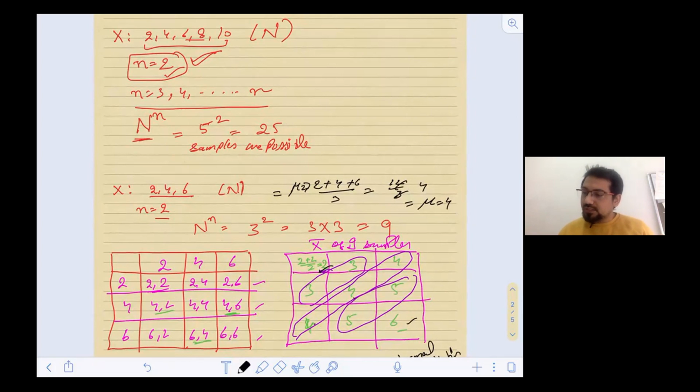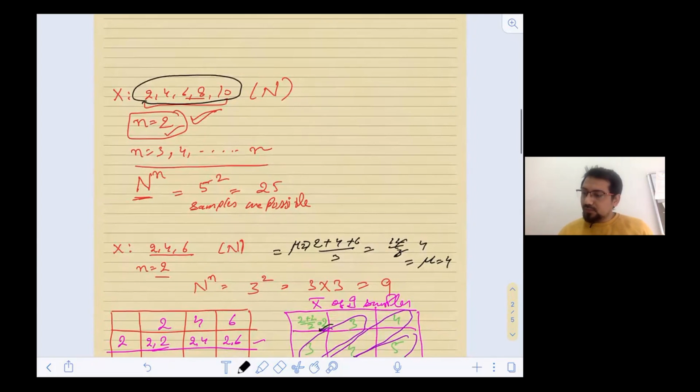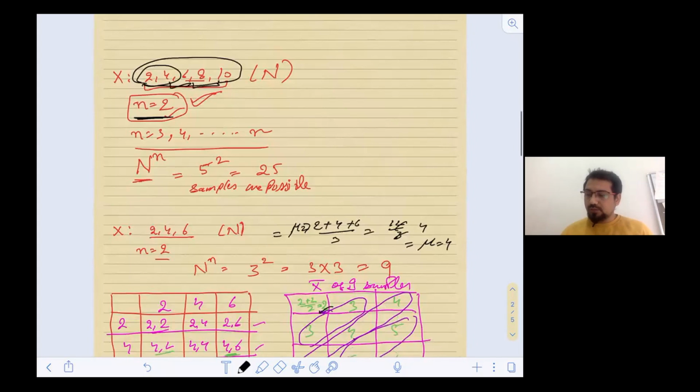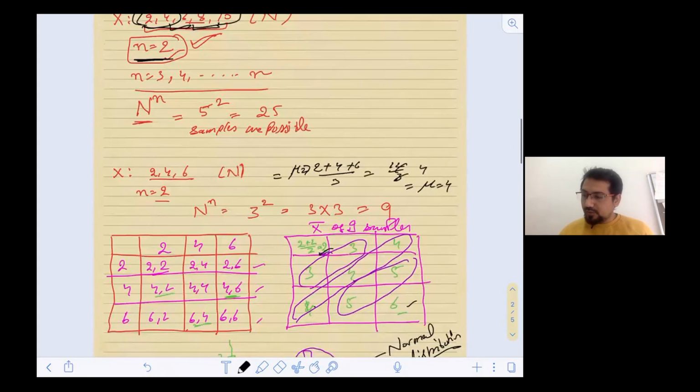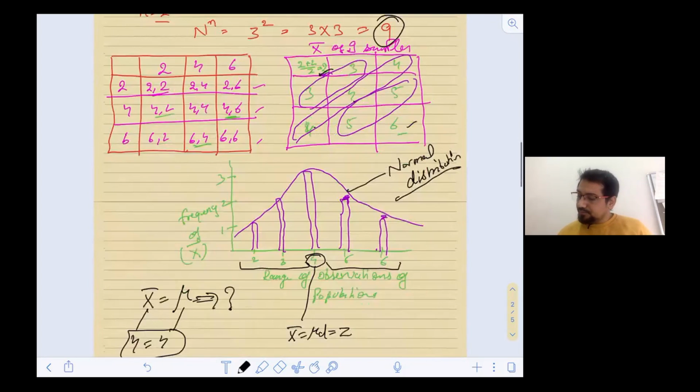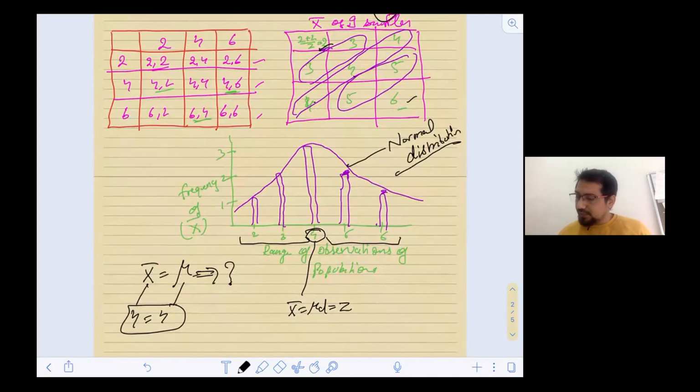For example, here this is your X, your population, and you had to select samples of size 2, so you selected 2 4, then 4 6, then 4 8, and likewise. We checked with a formula that there were 9 possible samples. Then we plotted them on a histogram, putting frequency here, and then we drew a curve.